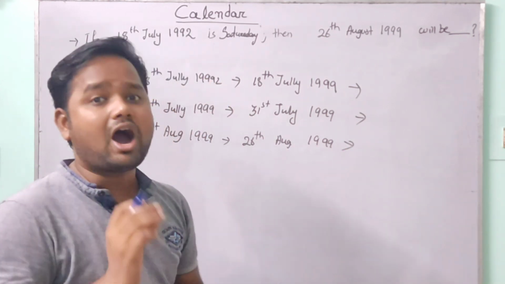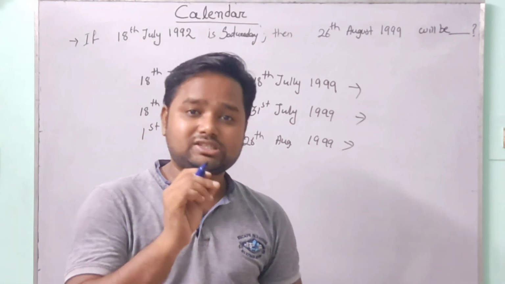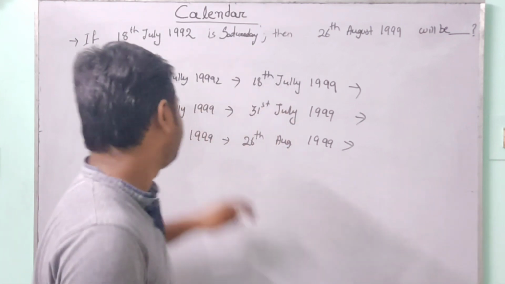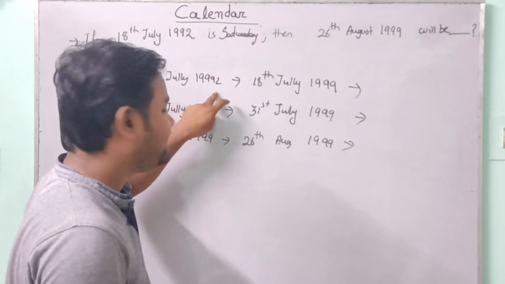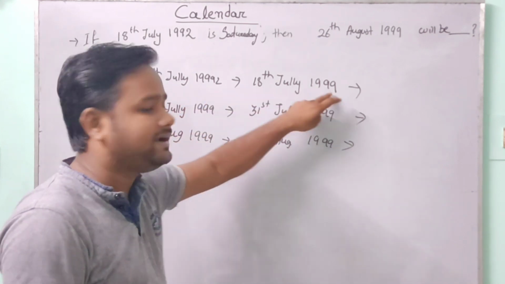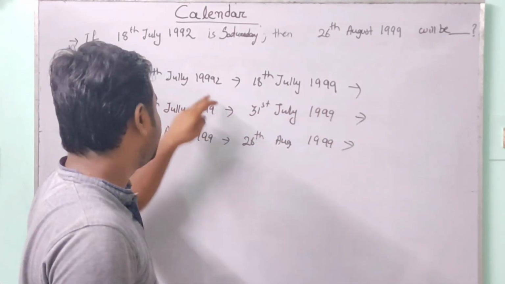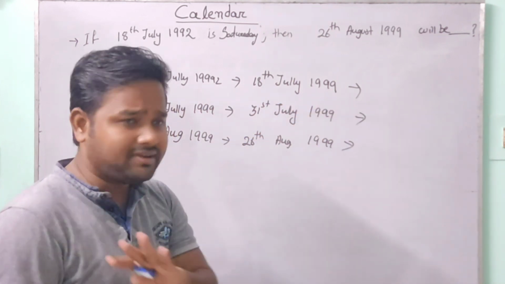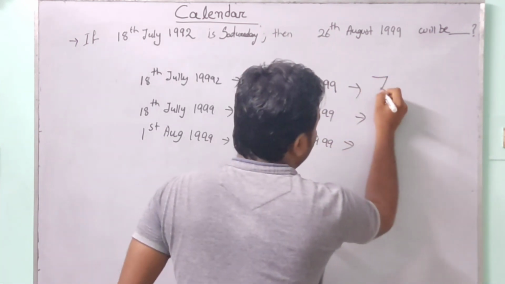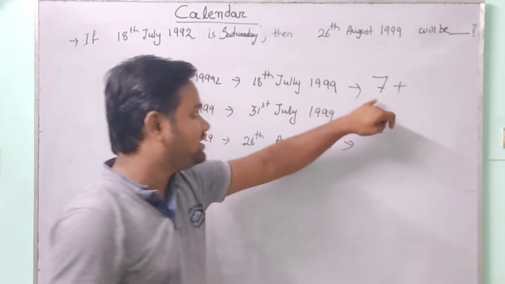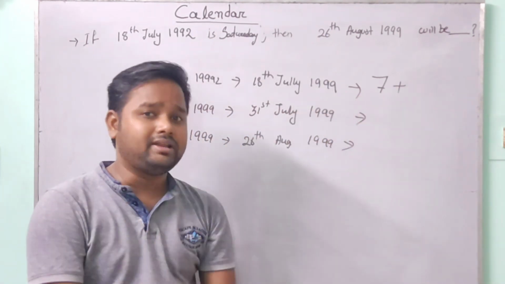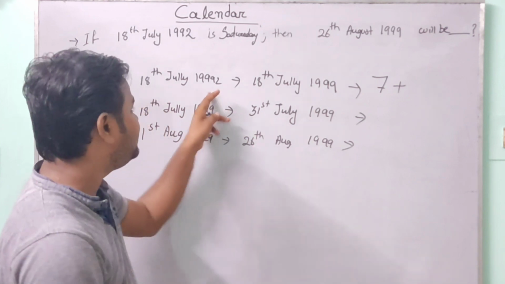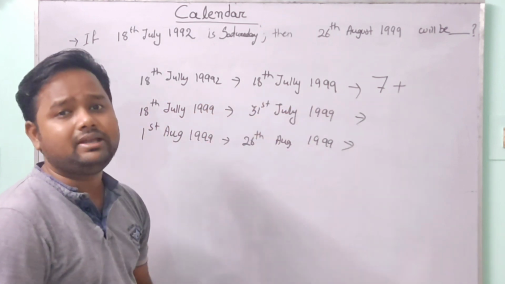Next we have to do how many extra odd days are there. So from 18 July 1992 till 18 July 1999, from 92 to 99, here we have 7 years. 7 years means 7 extra days will be added for the normal years, but we have to check from 1992 to 1999 how many leap years are there.